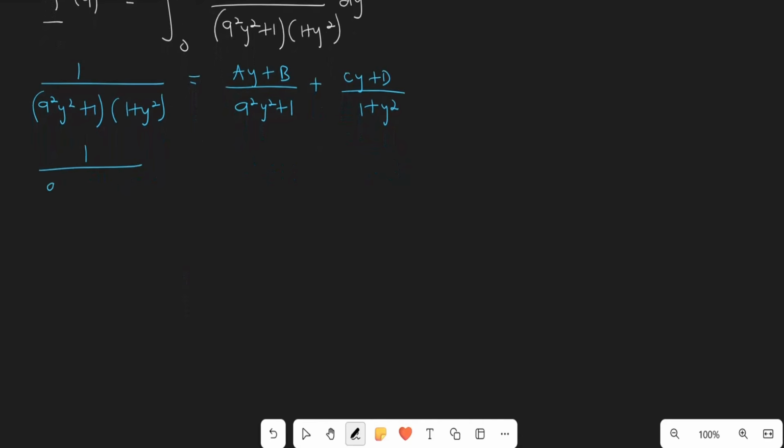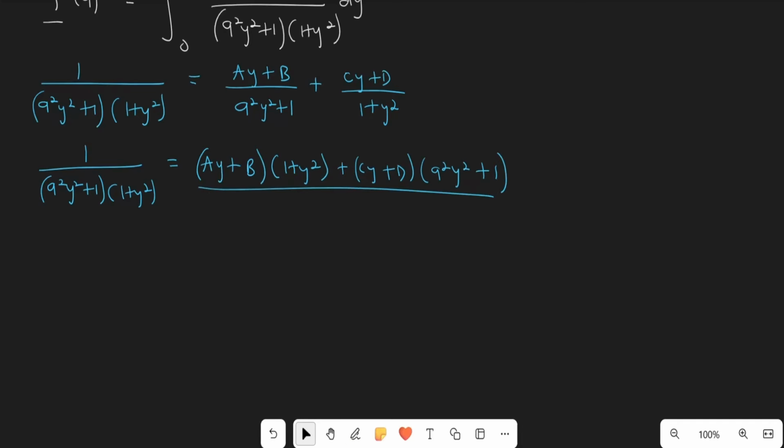So 1 all over a squared y squared plus 1 multiplied by 1 plus y squared is equal to, doing cross multiplication, Ay plus B, multiplied by 1 plus y squared, and then Cy plus D, multiplied by a squared y squared plus 1.